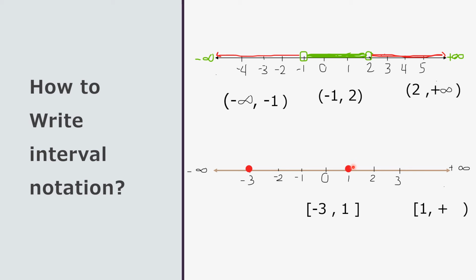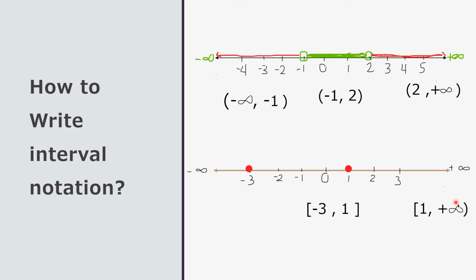Here, what about from positive 1 to positive infinity? Since positive 1 is included, that is an open bracket, 1, comma, and then going to positive infinity, and that is parenthesis. Positive infinity and negative infinity, that is always open.